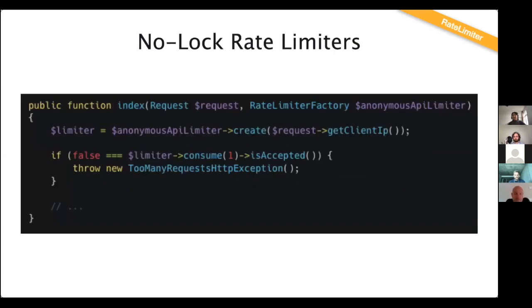And rate limiters, the rate limiter component is a relatively new component in the Symfony ecosystem, and it's also one that by nature is susceptible to race conditions as well, since it has to store the information on the number of tokens, the number of times basically something was accessed, in cache, and then has to fetch that information, make a decision, and then save the new count.